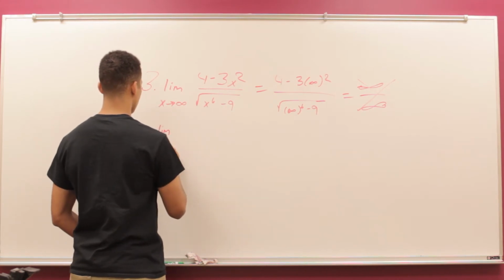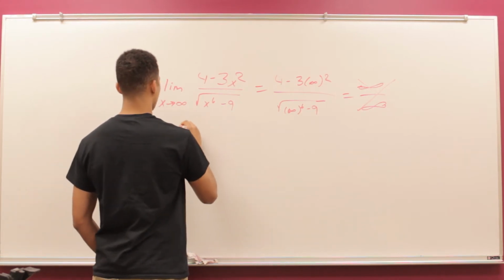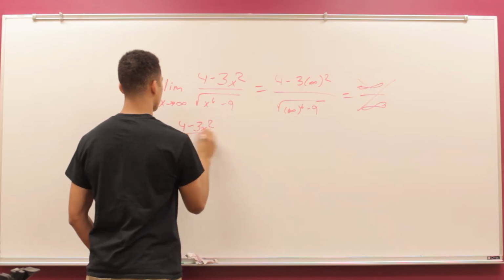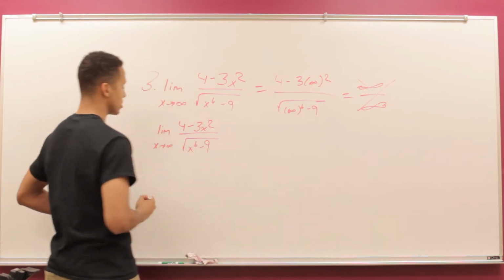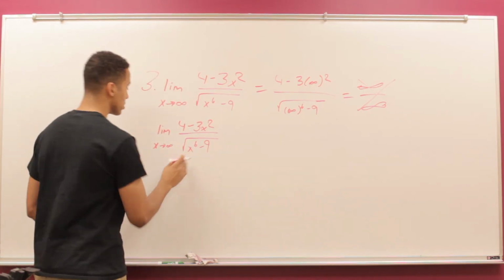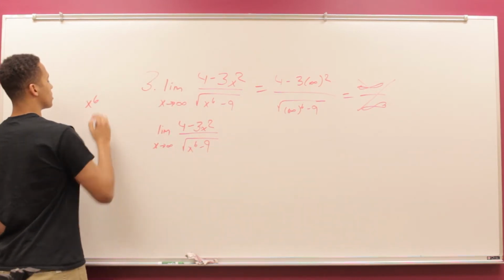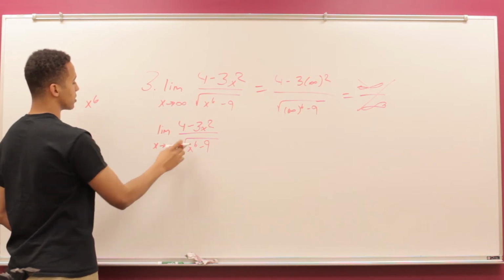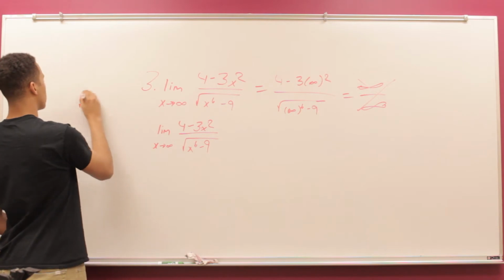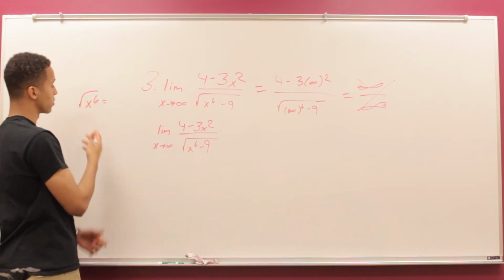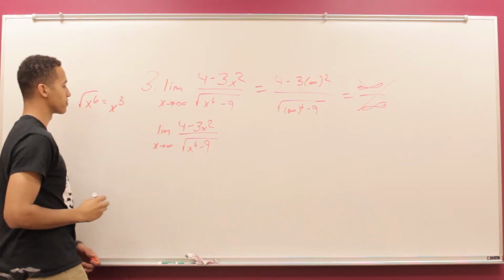The limit as x approaches infinity of 4 minus 3x squared over the square root of x to the 6th minus 9. So what we need to do first is find the highest exponent, which is x to the 6th. Now, we would divide by the highest exponent, but in the denominator there's a radical, so what we can do to the top is pretty much do what the square root of x to the 6th would be, which would be x to the 3rd.